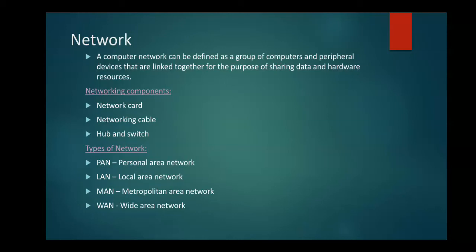Networking cable is used to connect the computers within a network, and an RJ45 connector is used at both ends of the cable to connect the devices. You can see your set-top box, the best example. That connector is called the RJ45 connector.